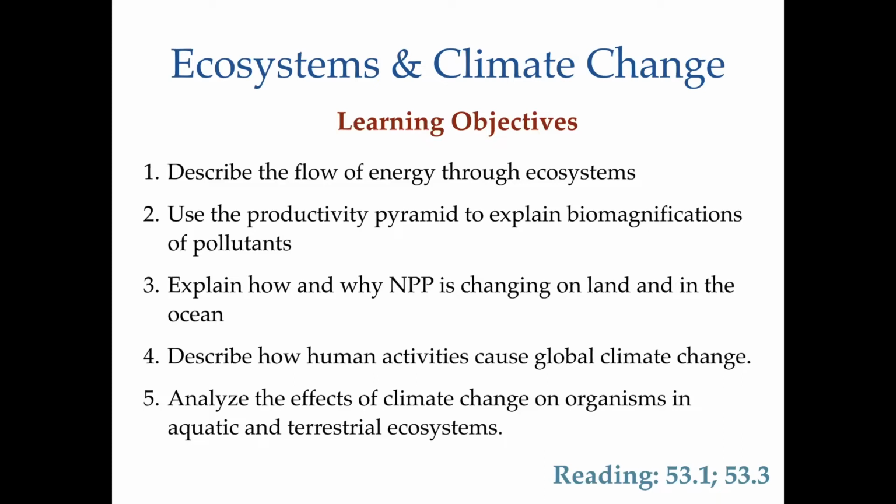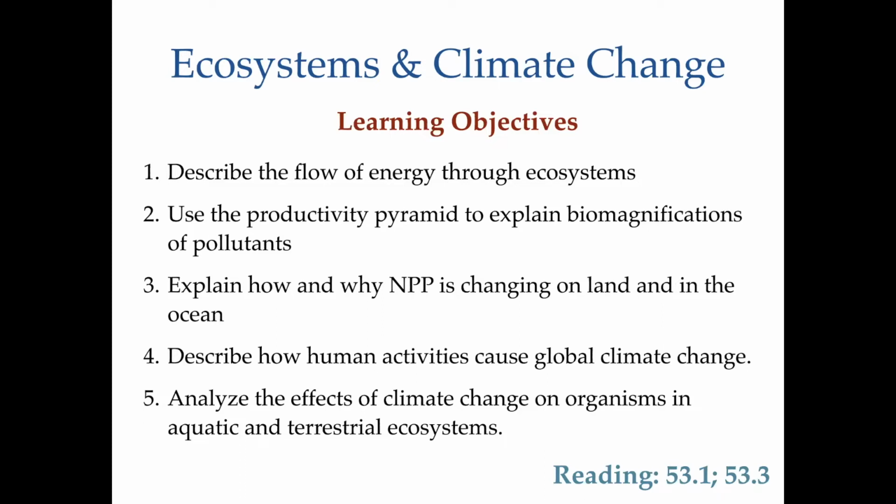So for ecosystems and climate change, these are our learning objectives. Basically, we are interested in knowing how energy flows through the ecosystems. And then we are going to see why and how we can interpret a productivity pyramid and biomagnification as well.